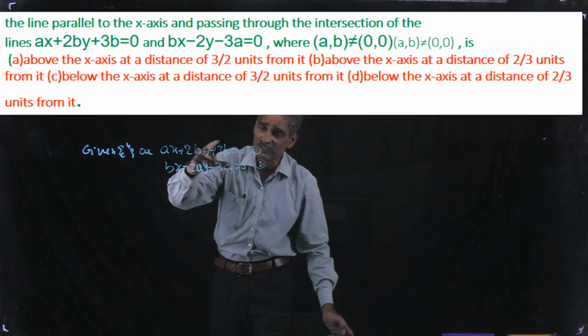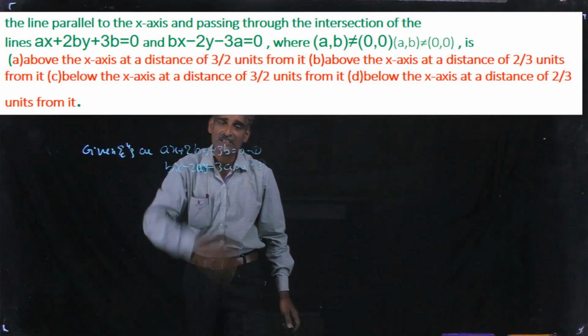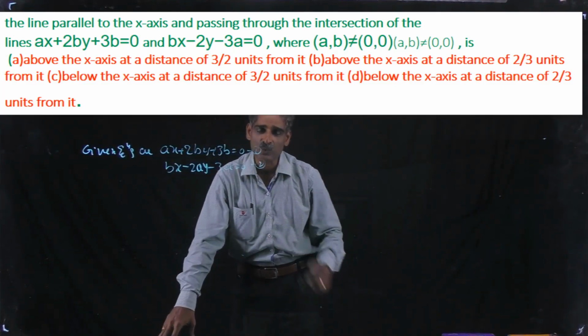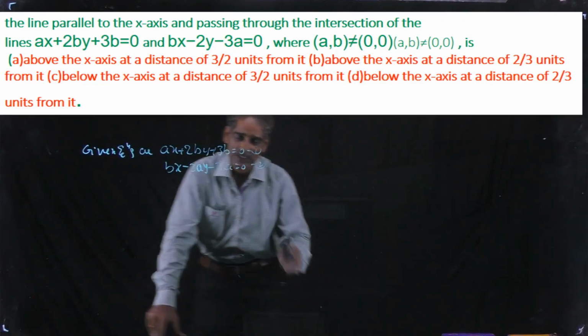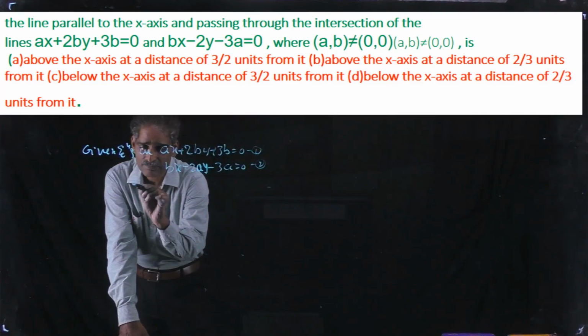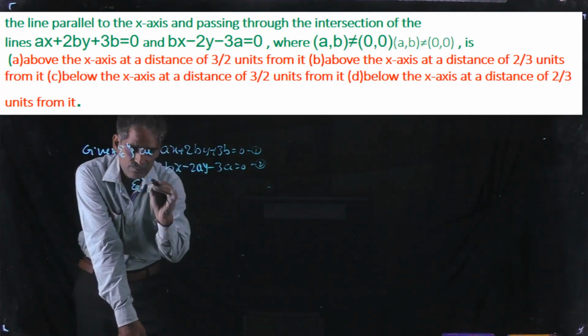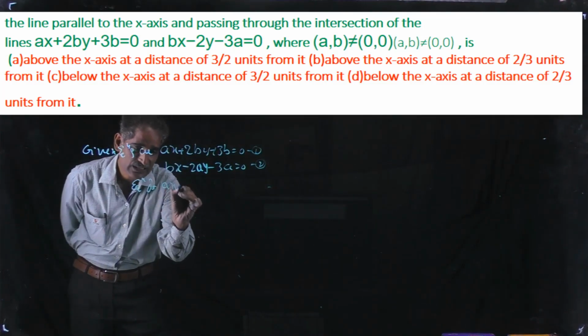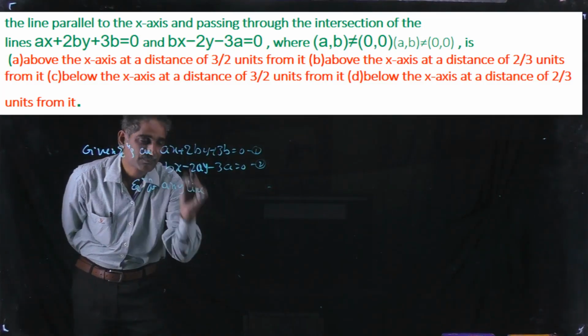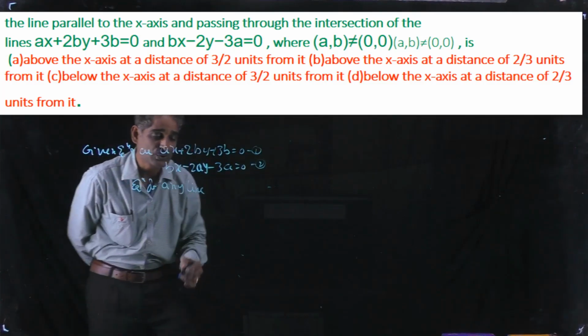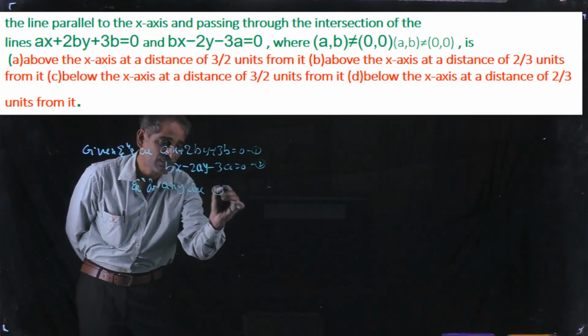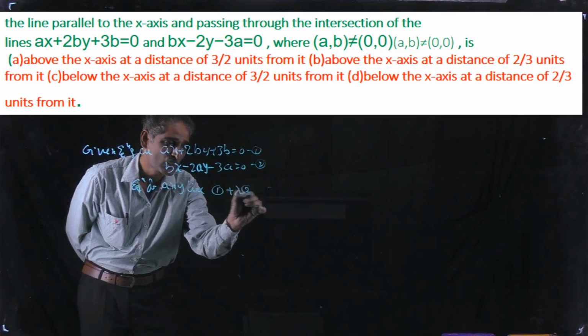Any line passing through the intersect point of these two is of the form L1 plus lambda L2 equal to 0.